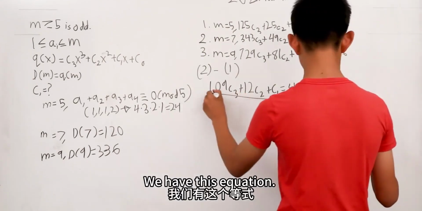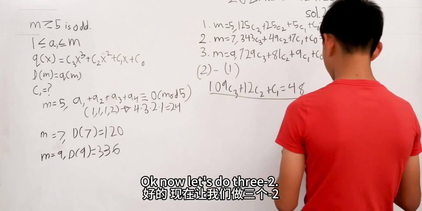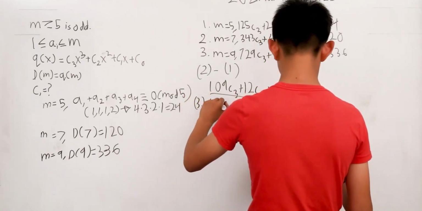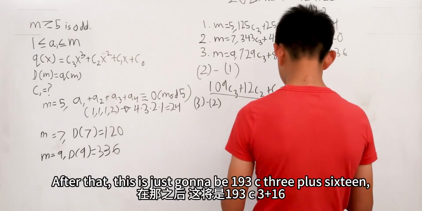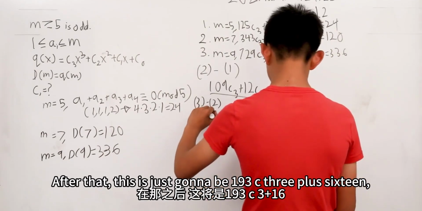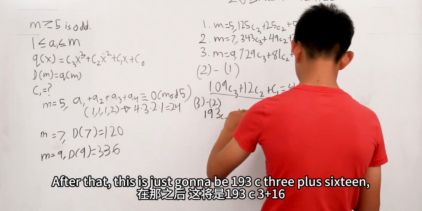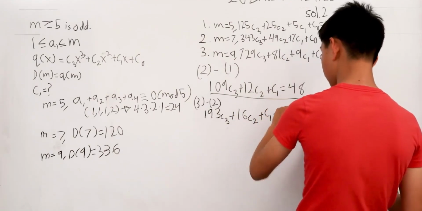We have this equation, and that's going to be pretty important later on. Okay, now let's do 3 minus 2. After that, this is just going to be 193 C3 plus 16 C2 plus C1 is 108.